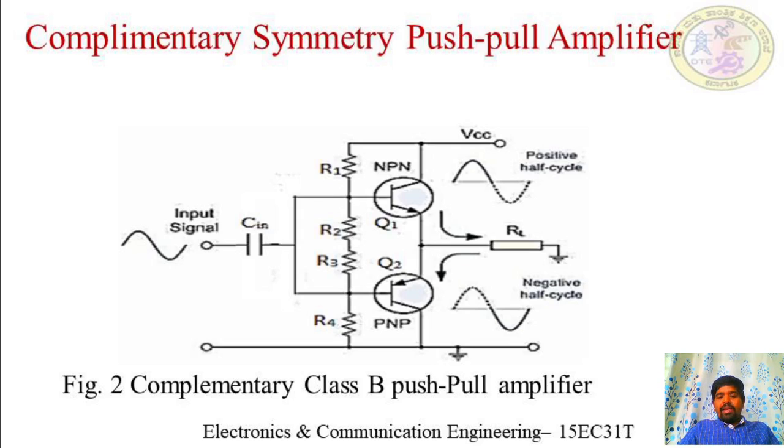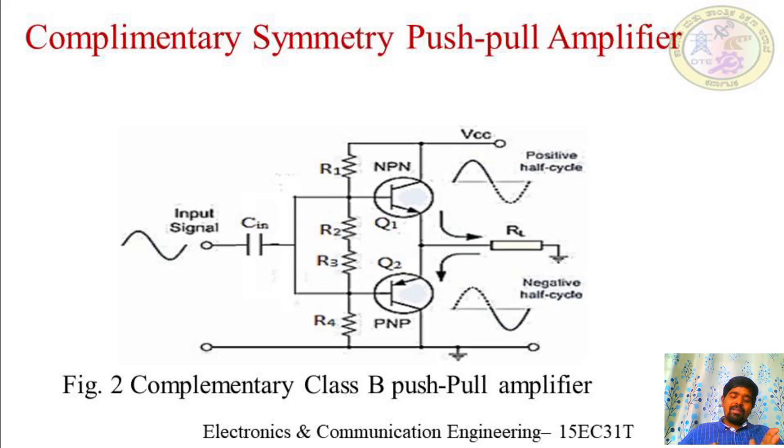The NPN transistor arrow mark will be outward from the transistor, and the PNP transistor arrow mark will be inward. Why is it given the name complementary? The reason is one transistor is NPN and the other is PNP, so both transistors are complementary to each other.